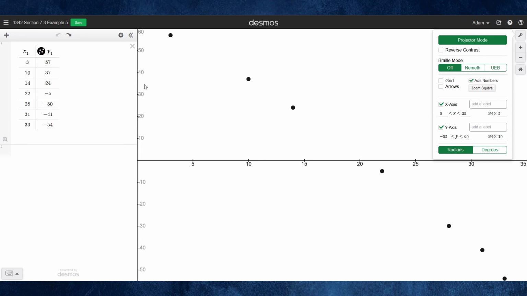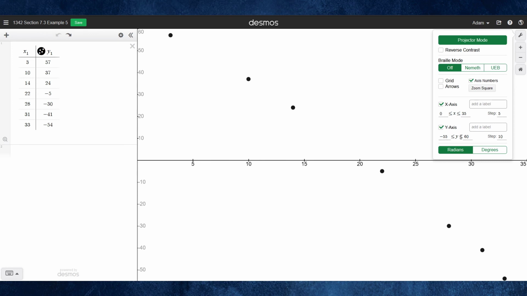Just looking at the numbers in the first column, I figured out, well, the lowest value is a 3, so why don't we put a 0 here at the low end? The highest value is a 33. So why don't I put a 35 here? Just a little extra space to make sure they all fit.